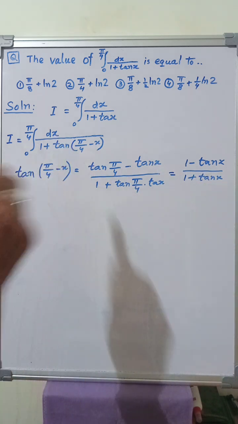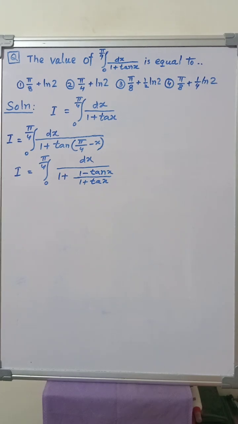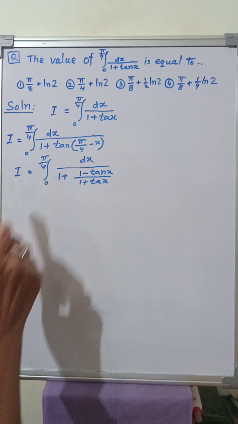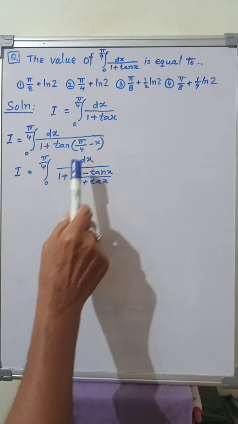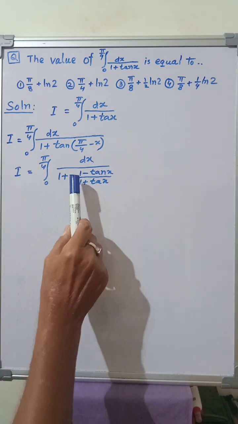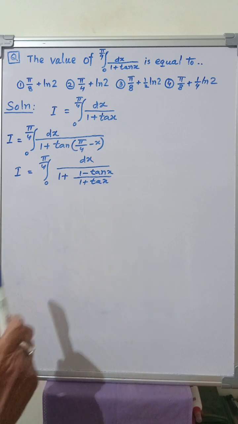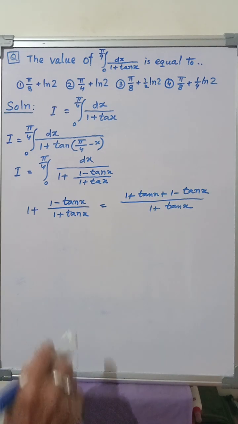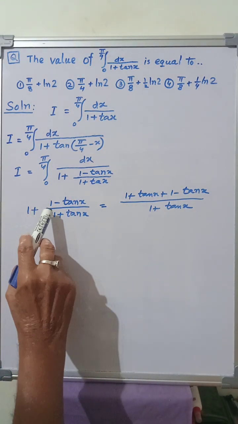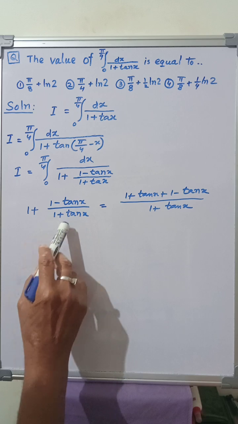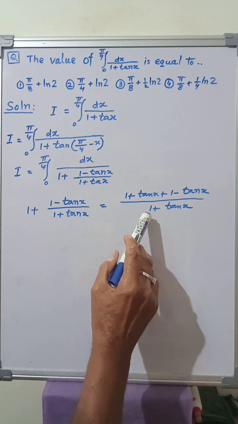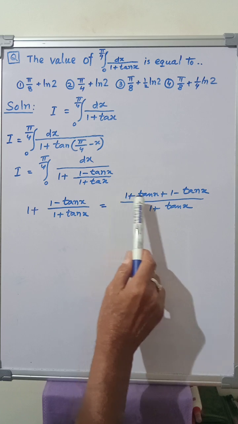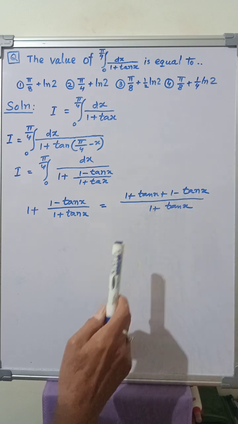Let us put the value here, which gives I is equal to integral between limits 0 to pi by 4 of dx divided by 1 plus 1 minus tan x by 1 plus tan x. Let us simplify this. Therefore, the denominator becomes 1 plus 1 minus tan x divided by 1 plus tan x, which is equal to, the common denominator is 1 plus tan x, and we have in the numerator 1 plus tan x plus 1 minus tan x.